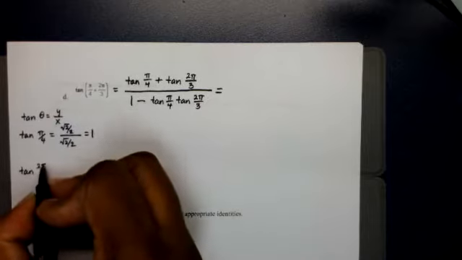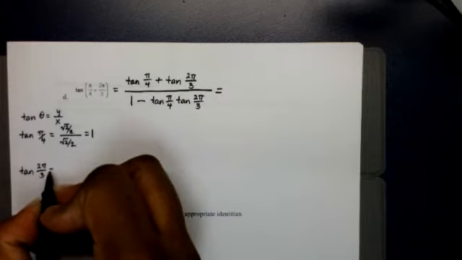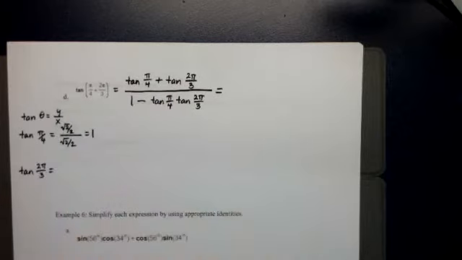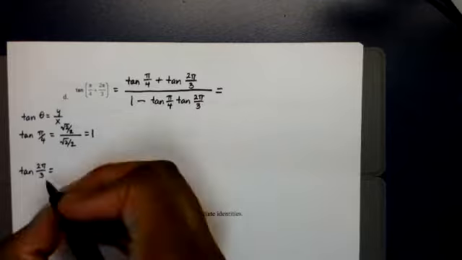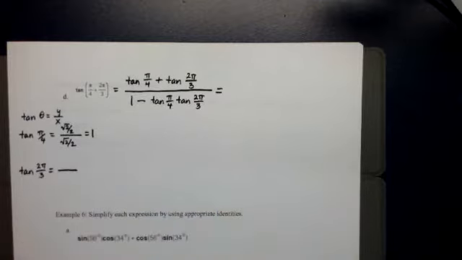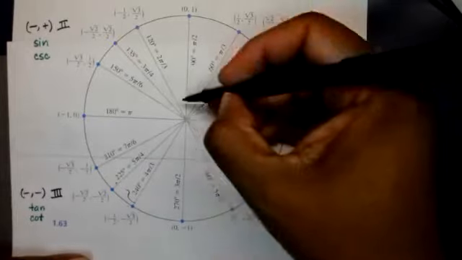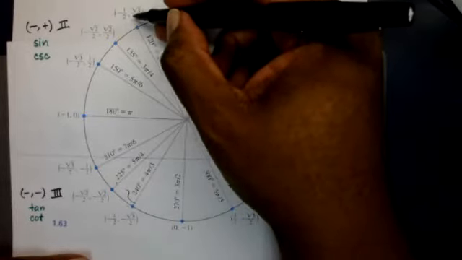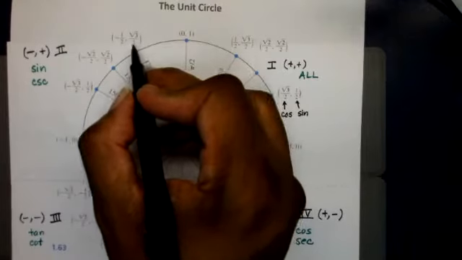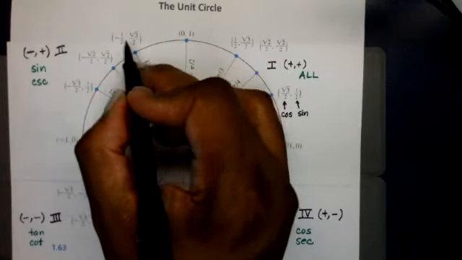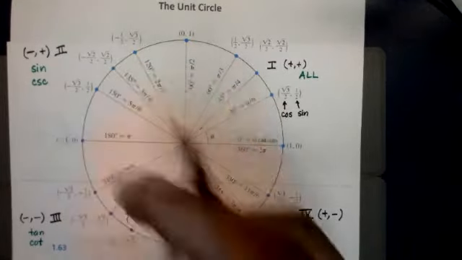Now for the tangent of 2 pi thirds, that's again going to be the y coordinate divided by the x coordinate. For 2 pi thirds on the unit circle, the y coordinate is the square root of 3 over 2. The x coordinate is negative 1/2.